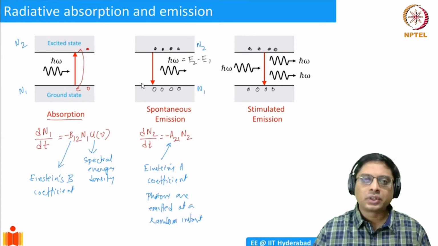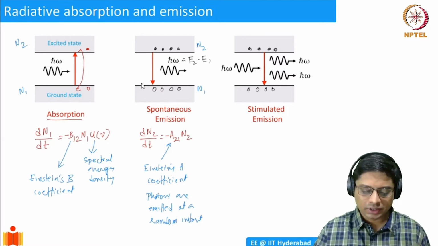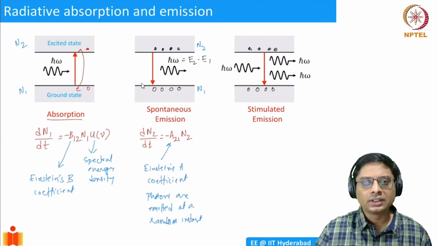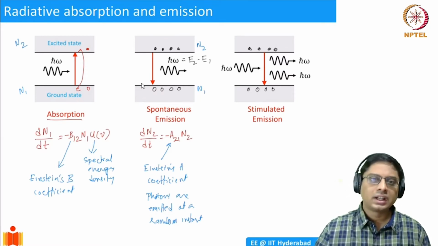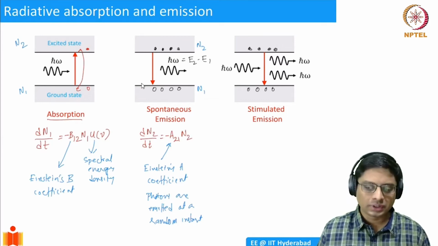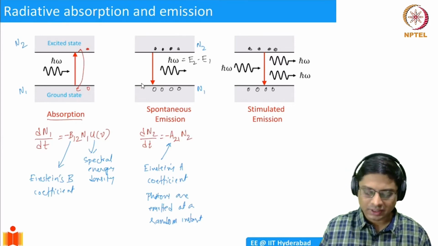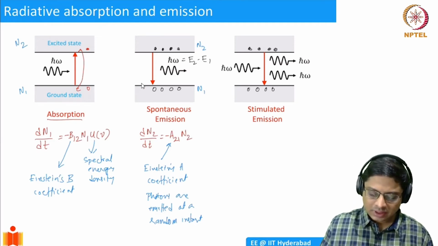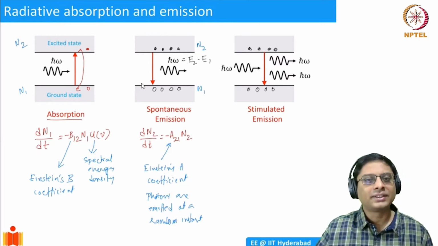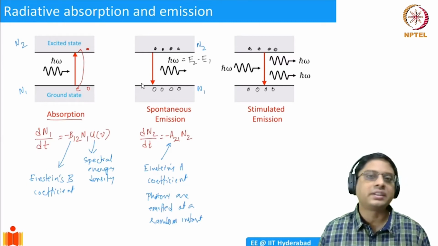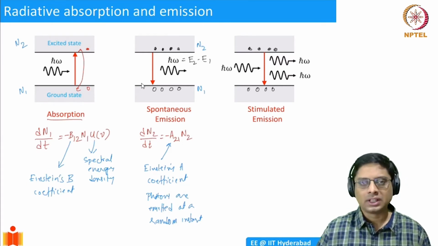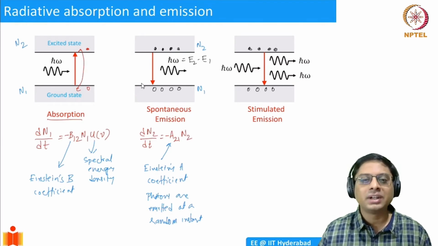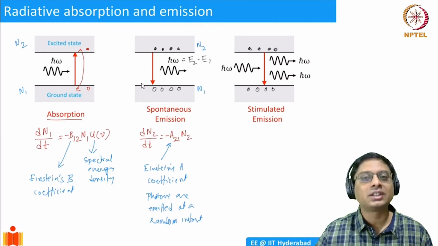Then when this h nu photon is incident, it will cause the emission of a second photon, which is coherent. What I mean by that is the second photon that is emitted has the same phase and frequency as the incident photon. That is why we call it a stimulated emission process. Essentially, the photon is stimulating the emission of another photon.